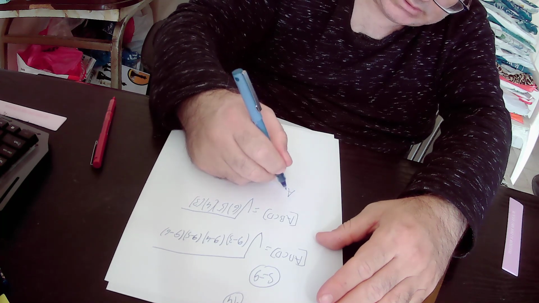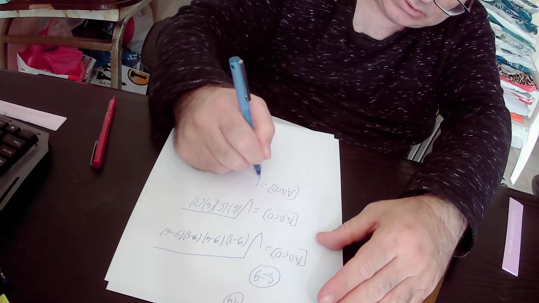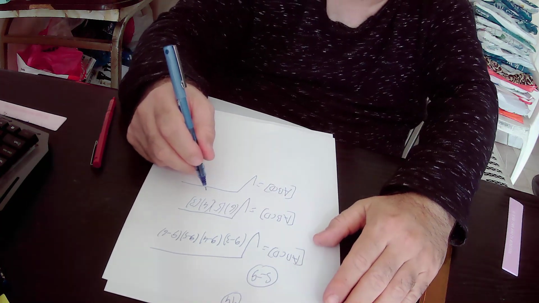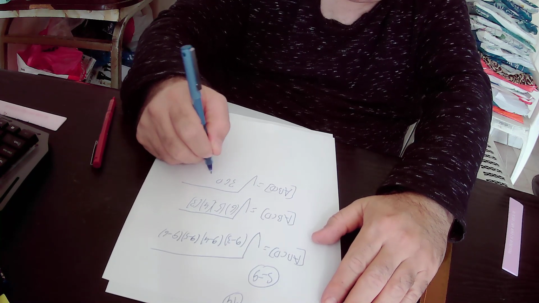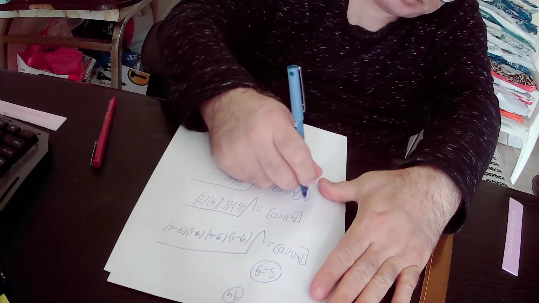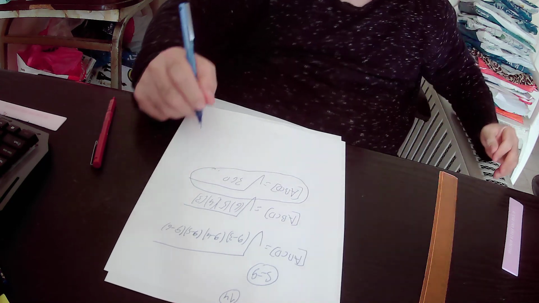So the area of quadrilateral ABCD equals the root of 6 times 5 is 30, 30 times 4 is 120, and 120 times 3 is 360. So the area of quadrilateral ABCD equals the root of 360 square units.